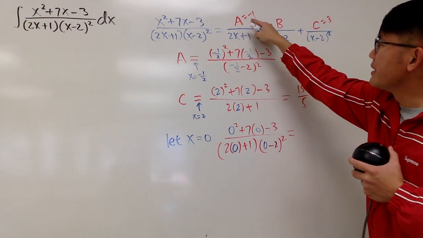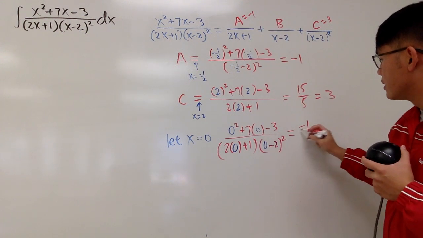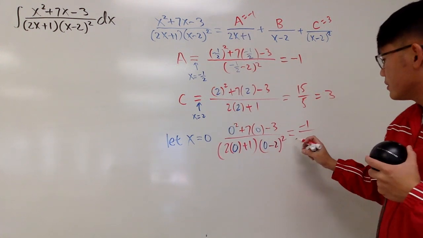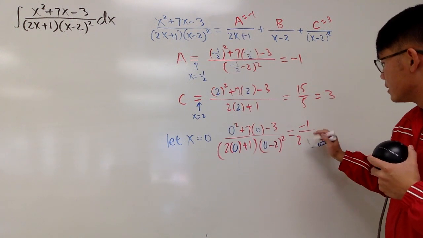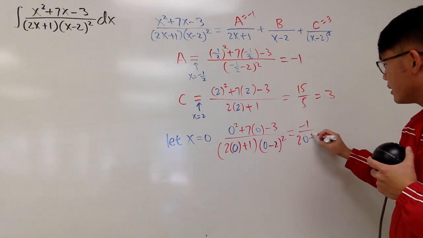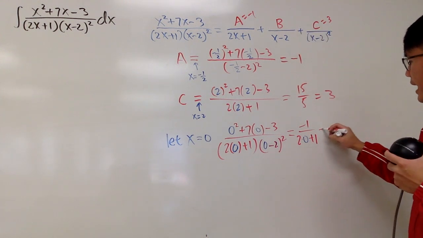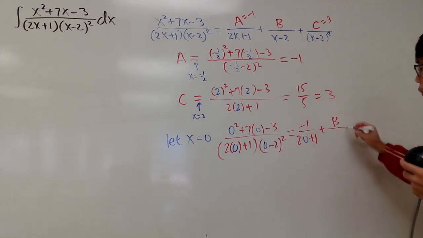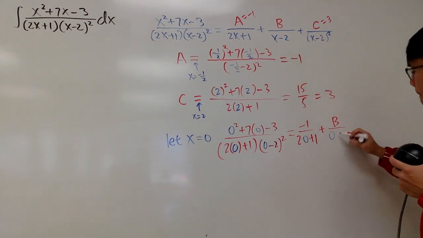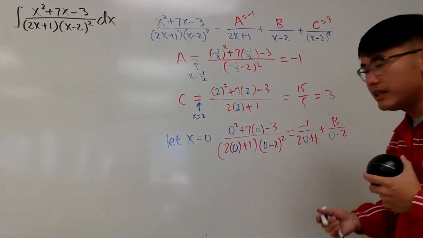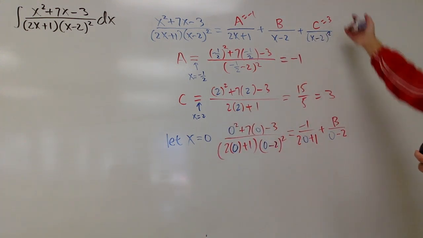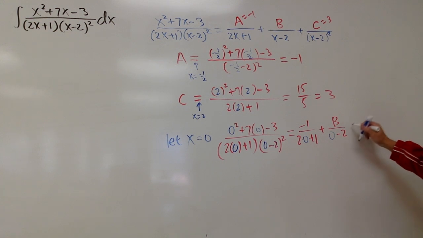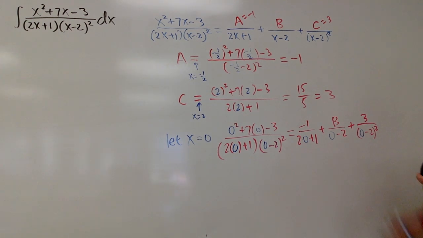First, A is -1, so we can write that down. And then x is 0, so we have 2 times 0 and then plus 1. And then we add B, we don't know yet, so we just write this down as B over 0 minus 2. And lastly, we put down 0 right here, and C is 3, so we put down plus 3 over 0 minus 2, and then we square.